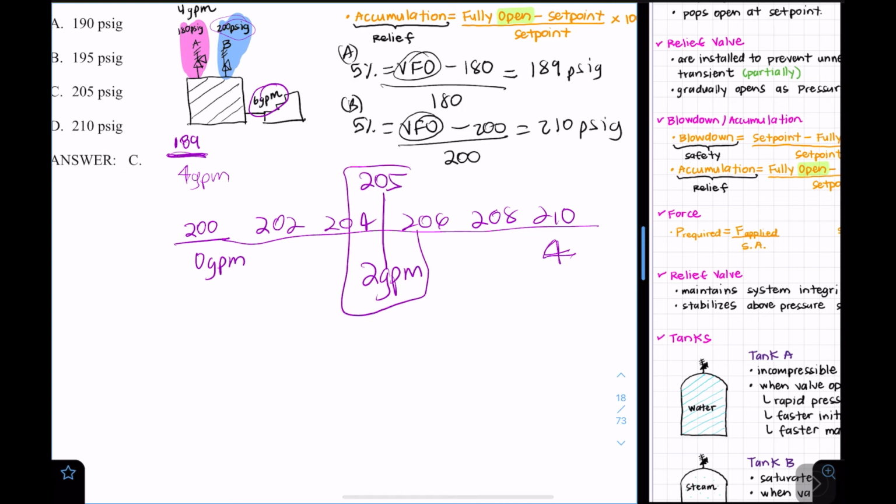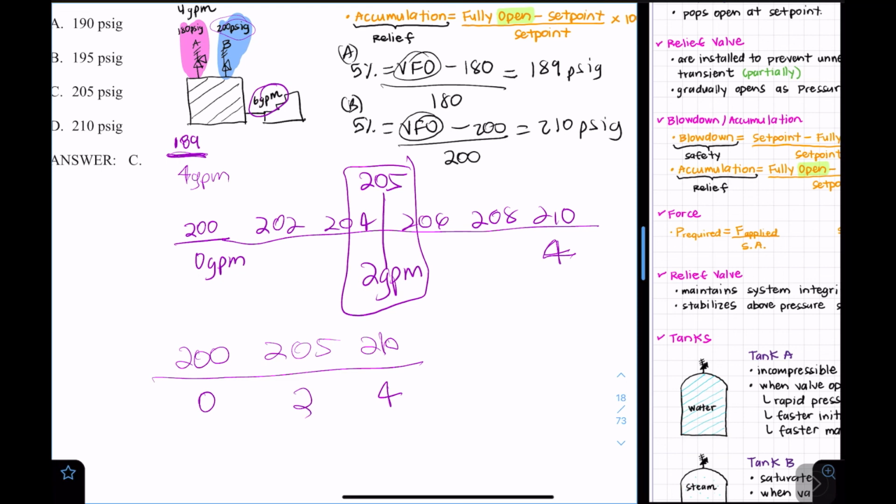I don't know if you can follow this, but because this is the maximum pressure allowed for this, half of that GPM that is the maximum allowed on this valve is going to be at 205. And at 205, we can get 2 GPM out from here.